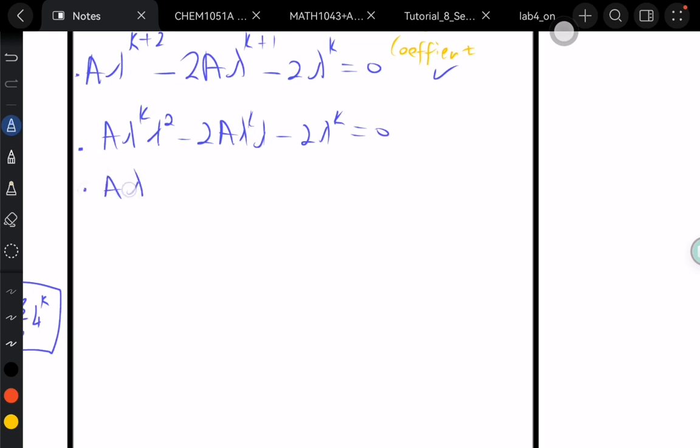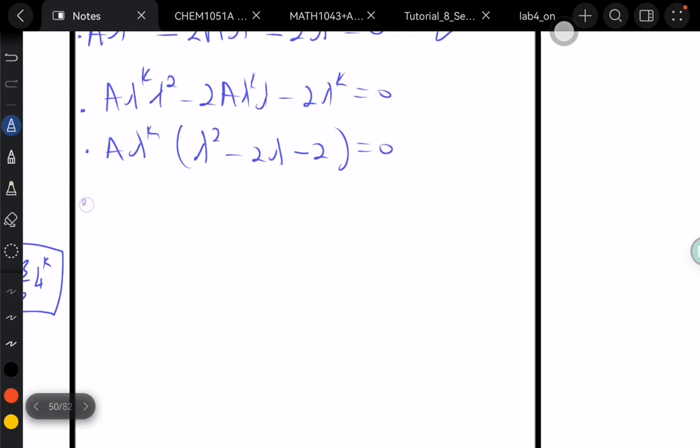Our common factor is a lambda to the power k. Therefore, I'm left with lambda squared minus 2 lambda minus 2. Now we say a lambda to the power k is not equal to 0, because if it were equal to 0, it would mean that our whole function will be 0.